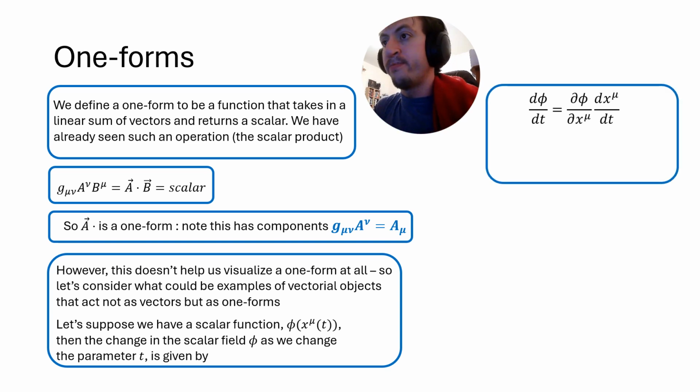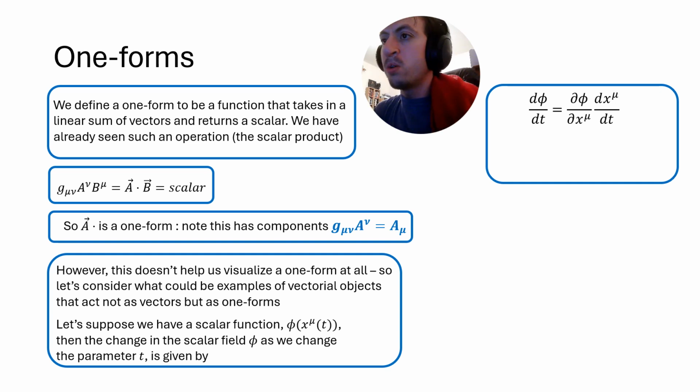So let's consider φ to be some scalar function, and let's say it's parameterized by a parameter t. We can ask, how does φ change as we change t? And φ is some scalar field.